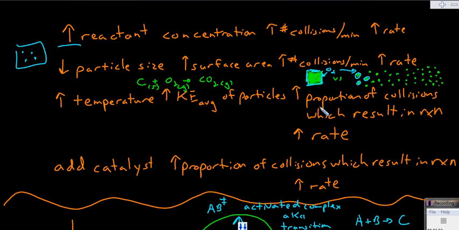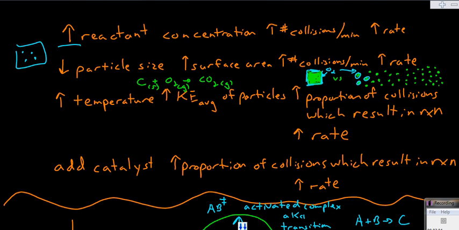And we'll see in a moment that that results in a greater rate because of the increasing proportion of those collisions which result in reaction. And finally, adding a catalyst to a reaction can increase the proportion of the collisions which result in a reaction as well, and hence that will increase the rate of the reaction.